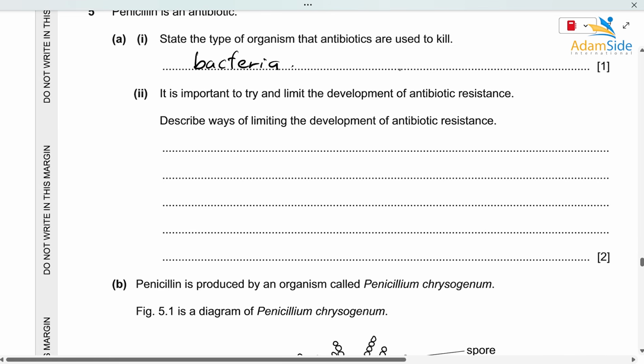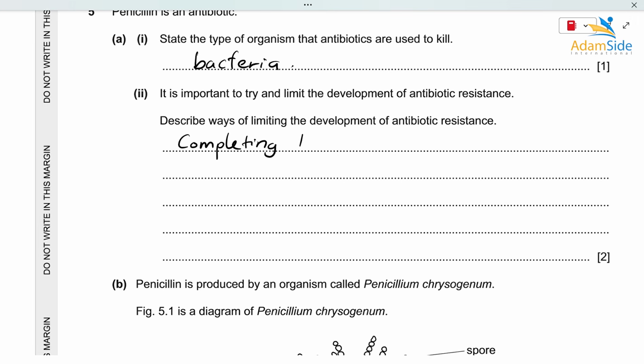One way is completing the dose or the course, so that you do not make them resistant. But also using the antibiotics when necessary, not every now and then, only when prescribed by the physician.